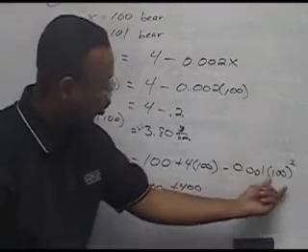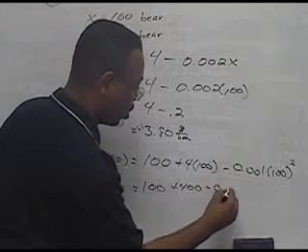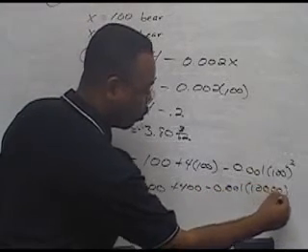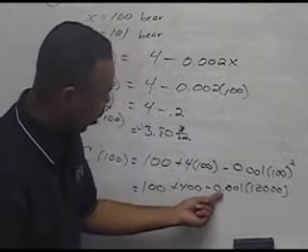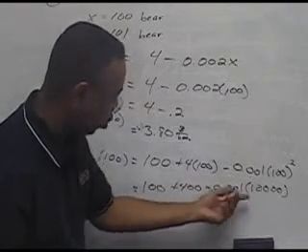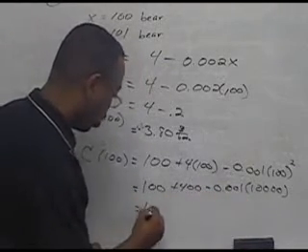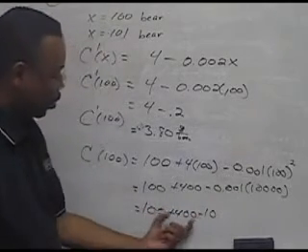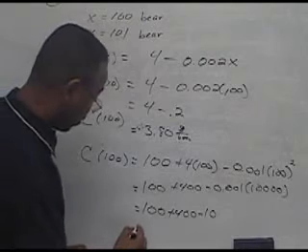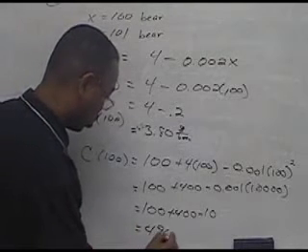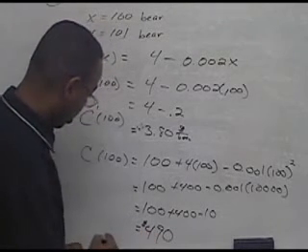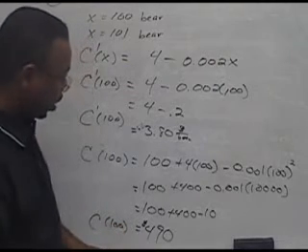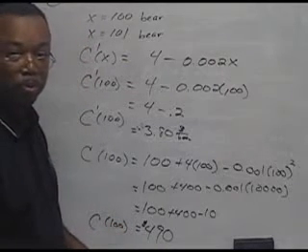And when I square this, this will become four zeros, and this will move the decimal back 4 times, 1, 2, 3, 4, to a 10. So we'll have 100 plus 400 minus 10. That'll be 500 minus 10, which is 490. So the cost to make 100 bears would be $490.